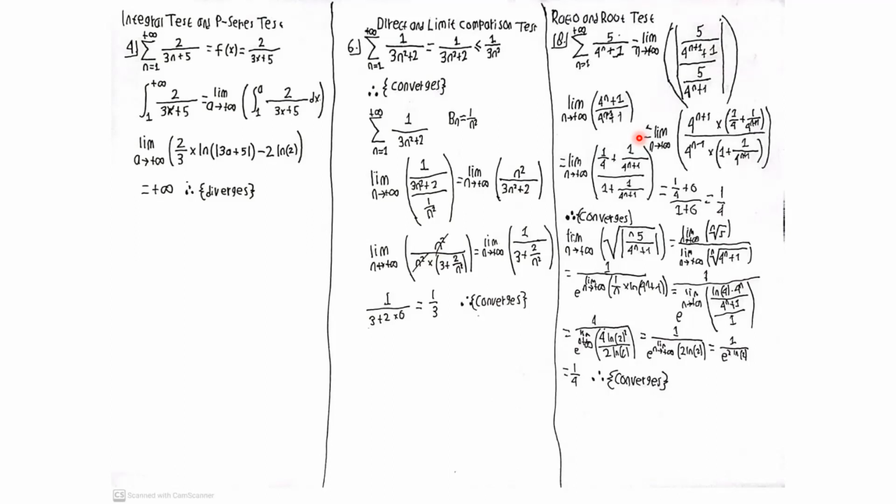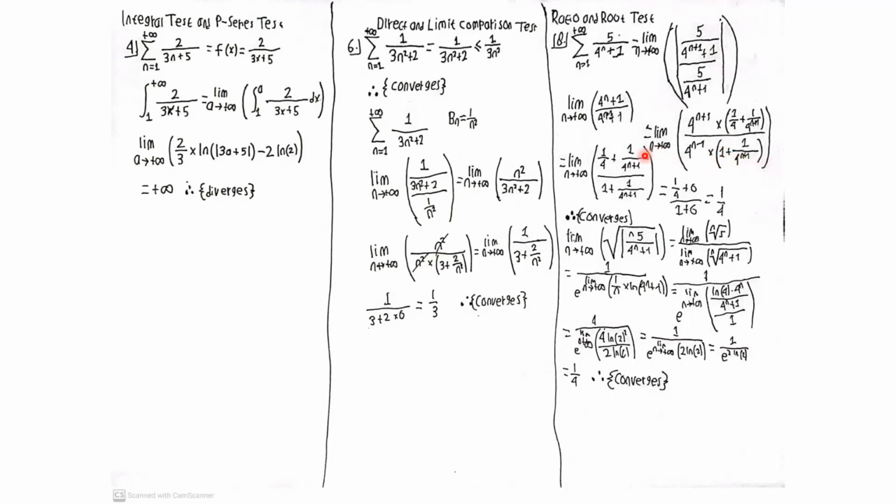And we need to simplify the fraction. And then after that, we need to factor out the 4n plus 1 from the expression. So the answer will be (4n plus 1) times (1 over 4 plus 1 over (4n plus 1)) over (1 plus 1 over (4n plus 1)).